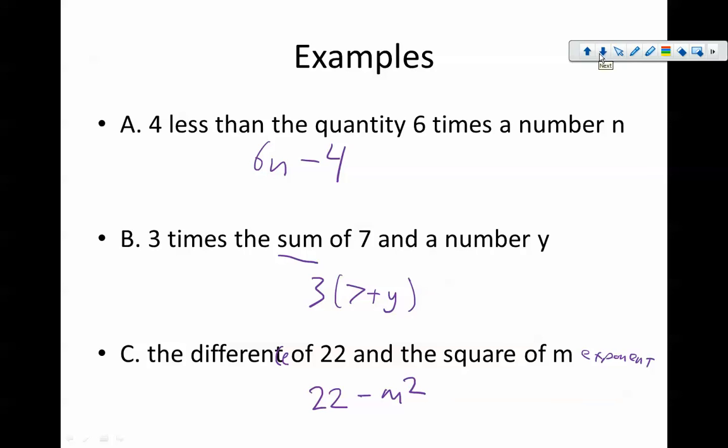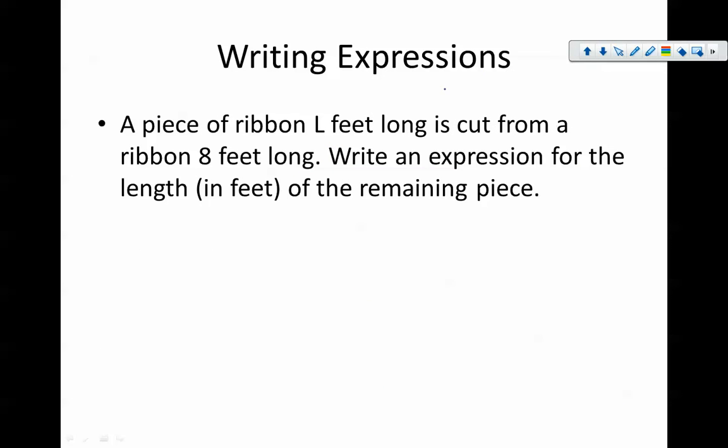Moving on, let's do a context example now. Let's say we have a situation like this. A piece of ribbon that is L feet long is cut from a ribbon 8 feet long. Okay, so let's think about that situation that just happened. I'm going to draw a little picture because drawing pictures helps me do that. I've got a ribbon, right? There's my ribbon.